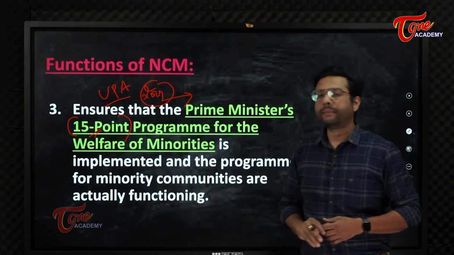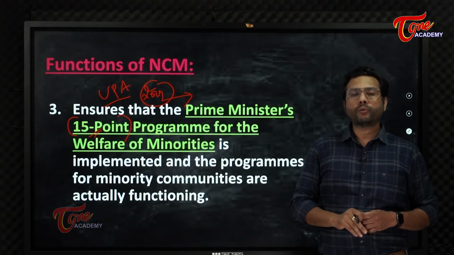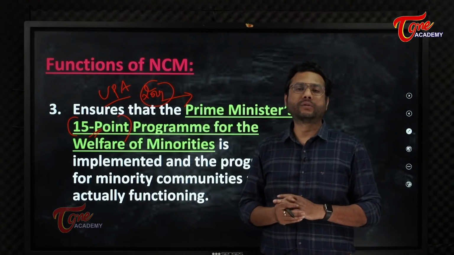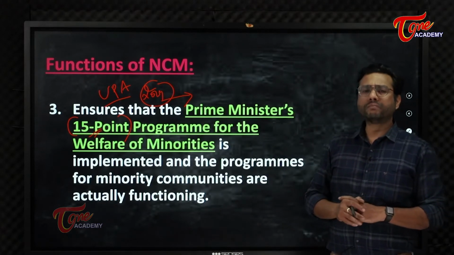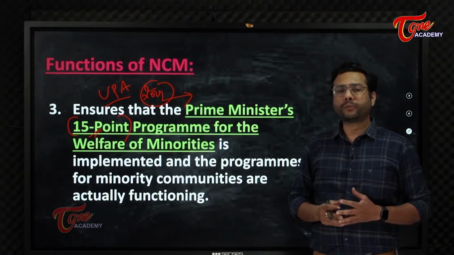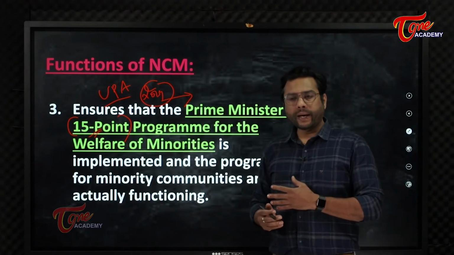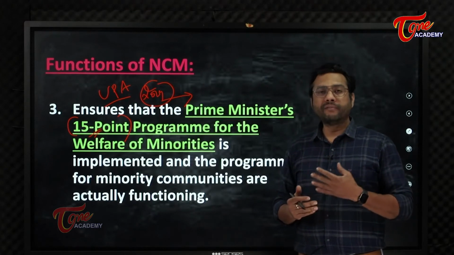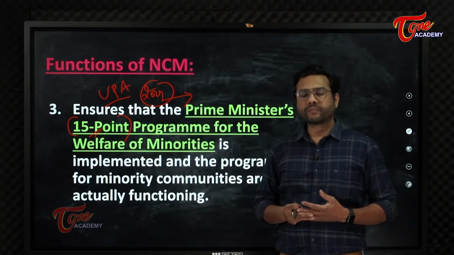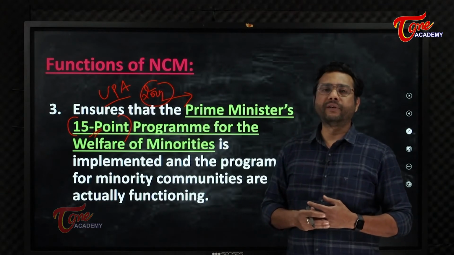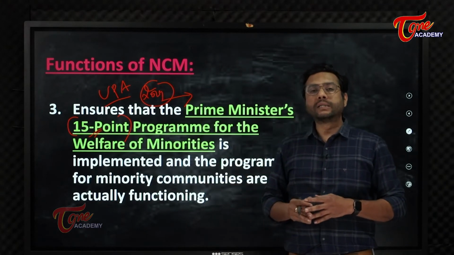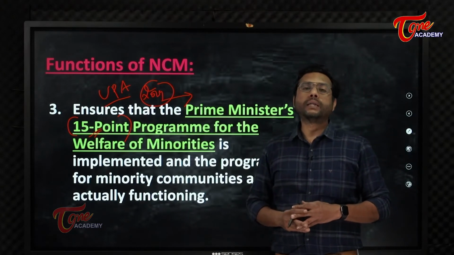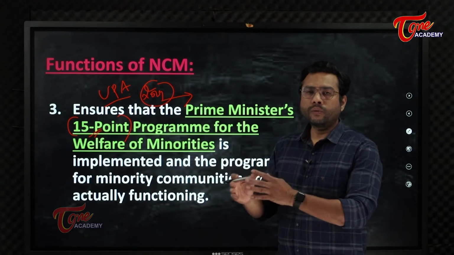So, the 15-point program is exclusively for the growth and development of the minorities of all religions. Important programs include providing basic infrastructure to minority people, like Awas Yojana, and educational benefits, like implementation of Sarva Shiksha Abhiyan in the pockets where minorities are located.